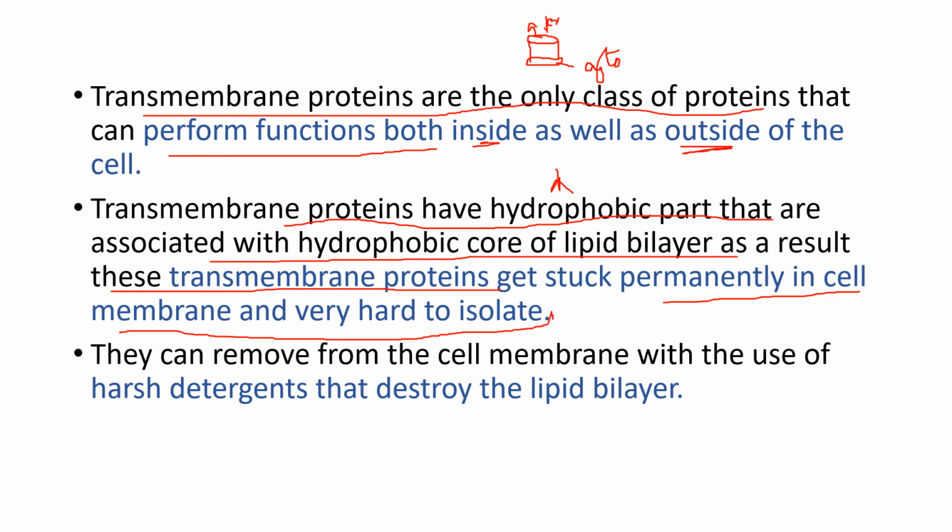They are amphipathic in nature, having both a hydrophobic part and a hydrophilic part. They can be removed from the cell membrane with the use of harsh detergents that destroy the lipid bilayer. Once the lipid bilayer is destroyed, only then can they be isolated.